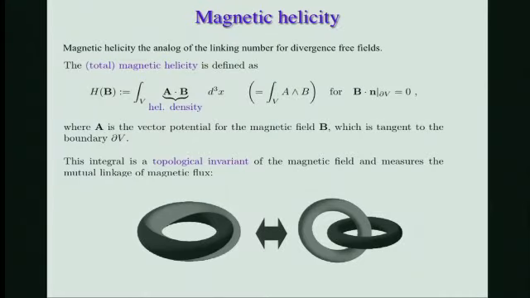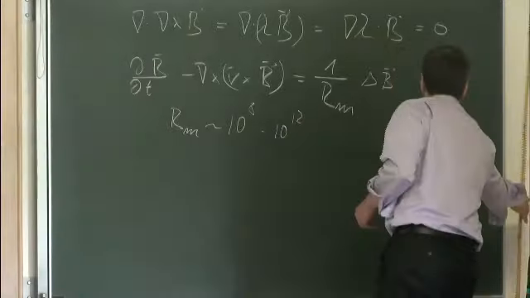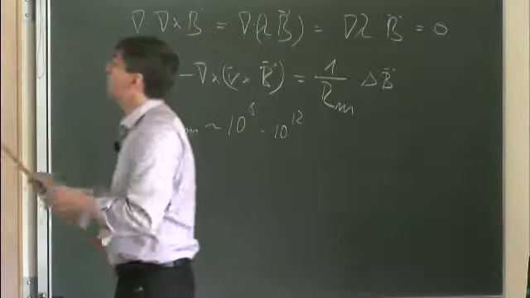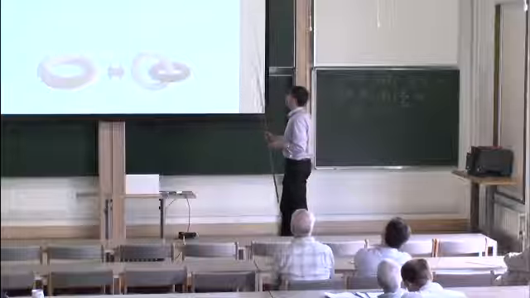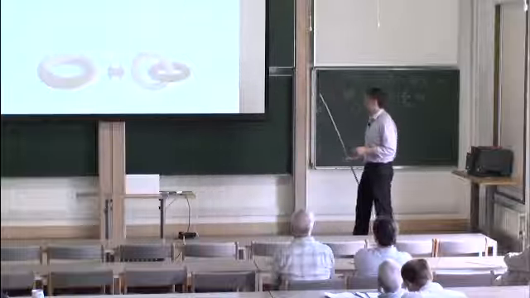So if we integrate this helicity density, vector potential times magnetic field, over a three-dimensional volume, then this expression is invariant if we have the magnetic field to be tangent to the boundary.